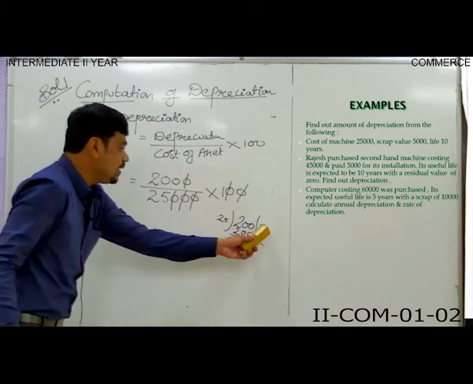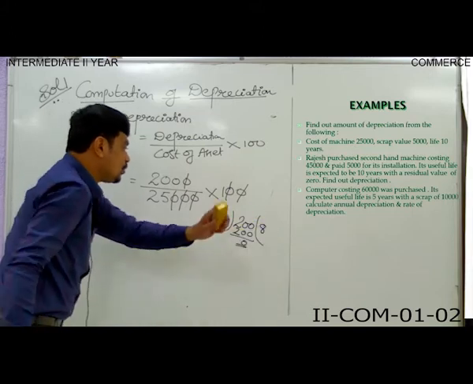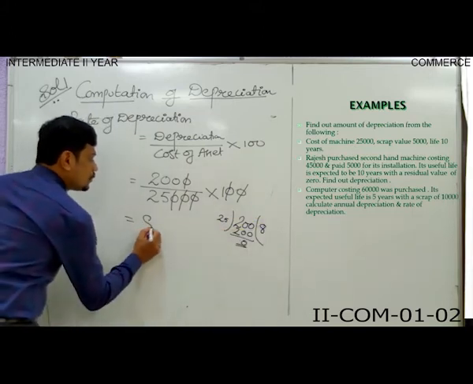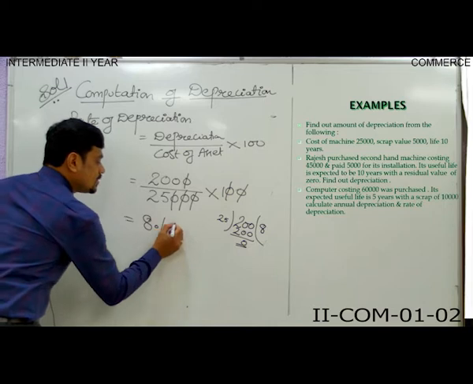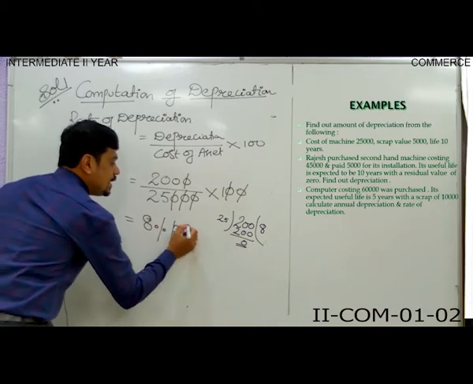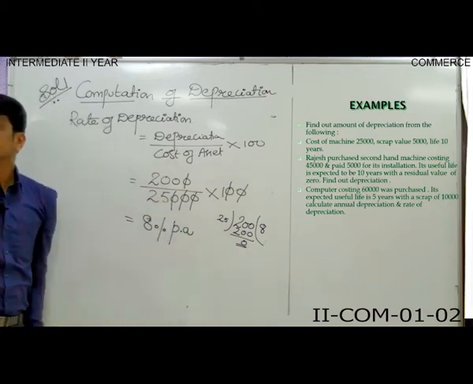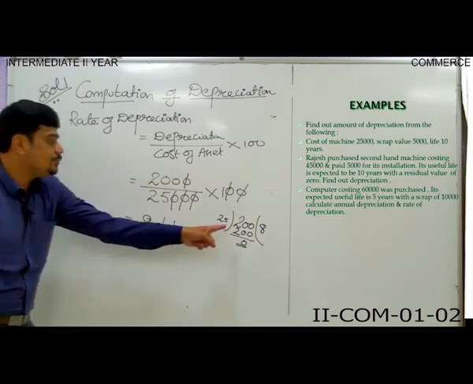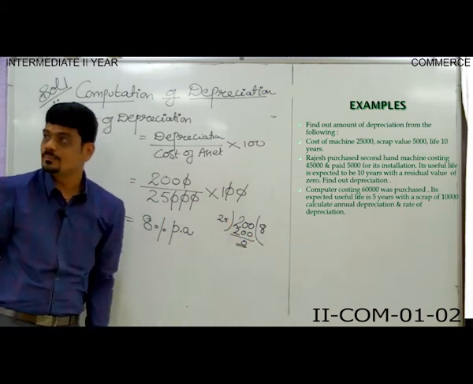So what is the quotient here? 8. So 8% per annum. This can be the working notes which we can do in the rough column.